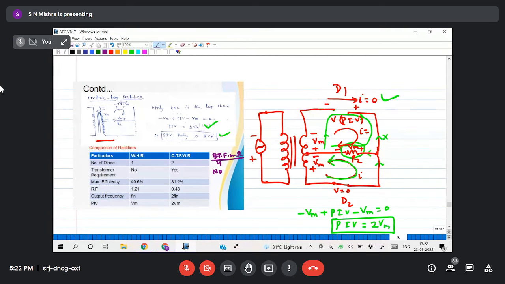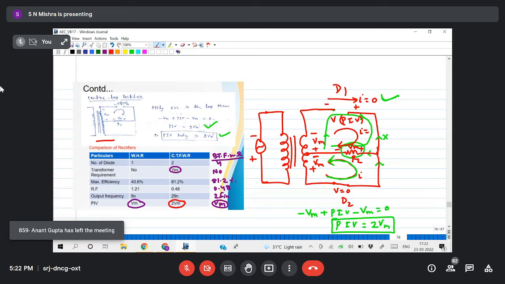You can use it or you cannot use it. Directly also you can take. For center tap, we must require a center tap transformer. Efficiency 81.2%. Ripple factor 0.48. Output frequency 2fin. PIV: Vm for bridge type and half wave rectifier, and for center tap it is 2Vm.